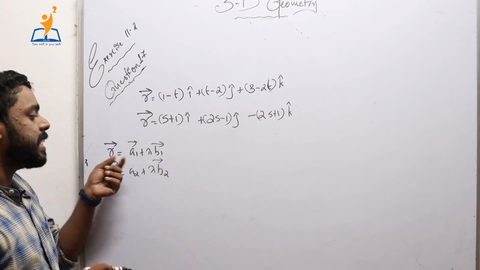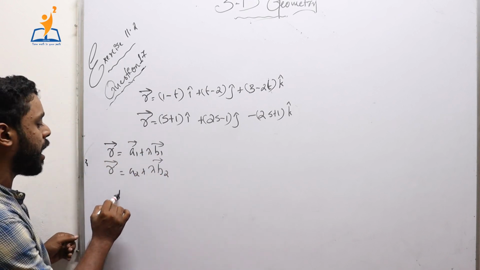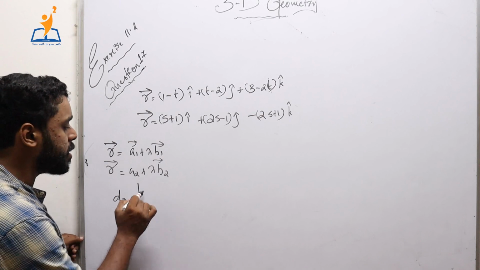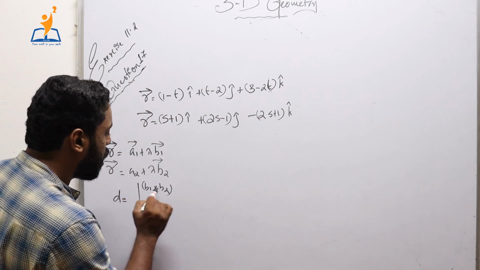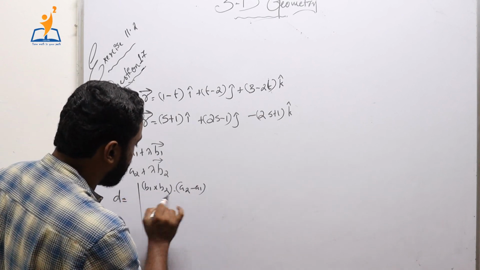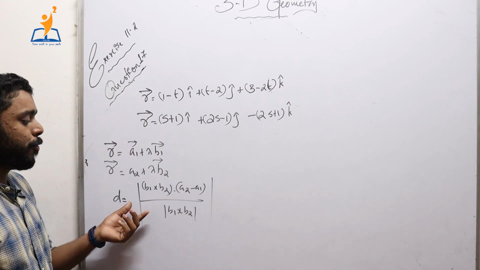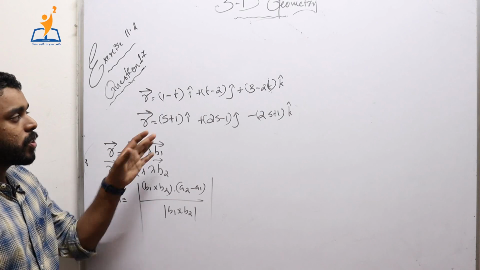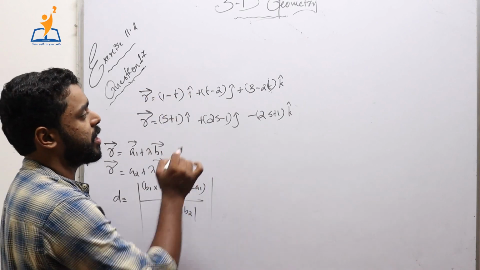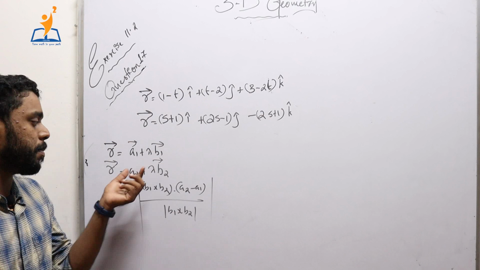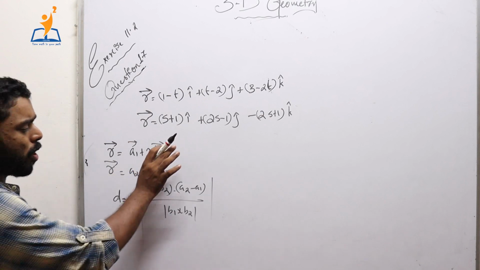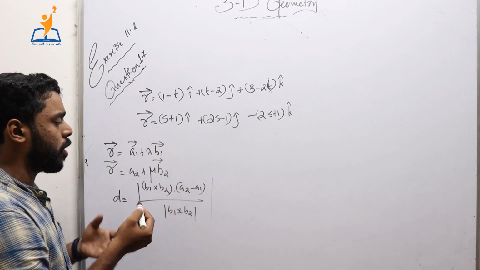And if this is the case, it is easier for us to find the shortest distance as b1 cross b2 dot a2 minus a1 divided by mod b1 cross b2, isn't it? So it is easier if the format is this. So we have to convert the equations into this format, where lambda is a scalar, mu b2 or whatever it is.